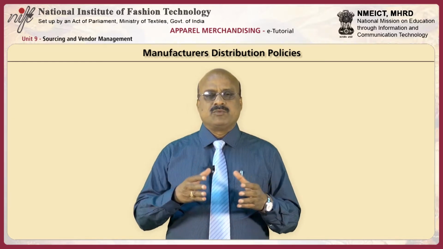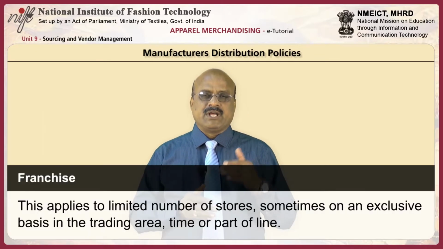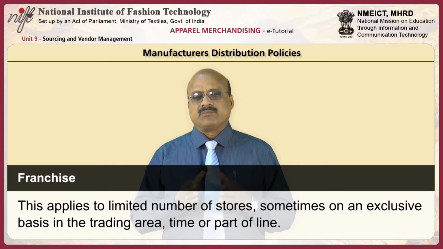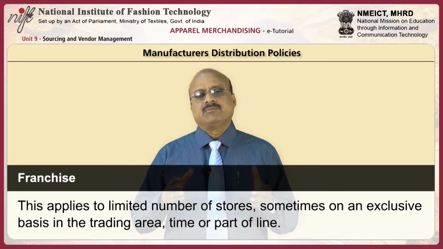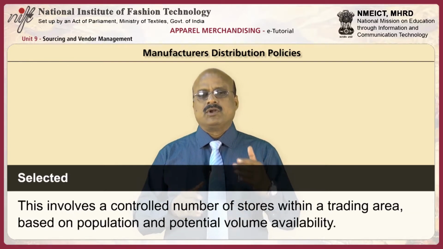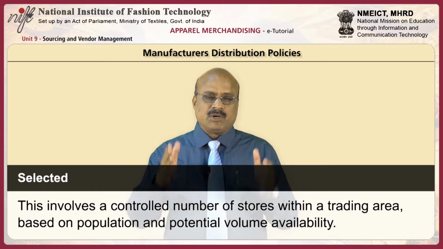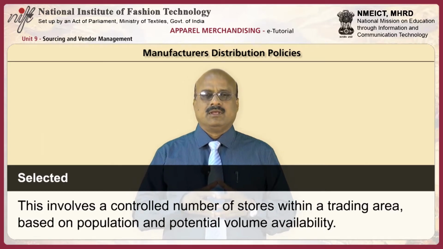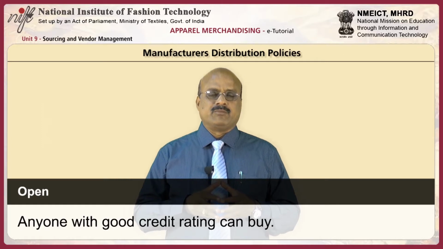Three general distribution policies followed by a manufacturer are: a franchise applies to a limited number of stores, sometimes on an exclusive basis, by trading area, time or part of the line. Selective distribution involves a controlled number of stores within a trading area, based on population and potential volume availability. In open distribution, anyone with a good credit rating can buy.